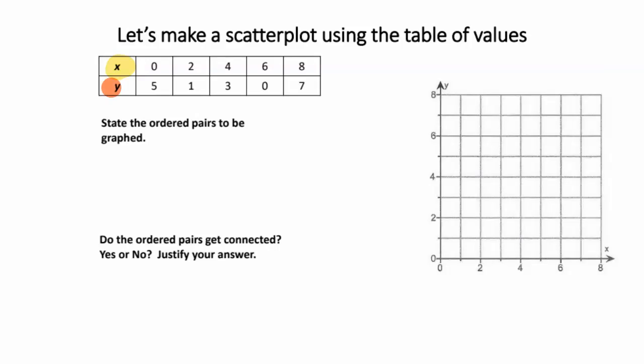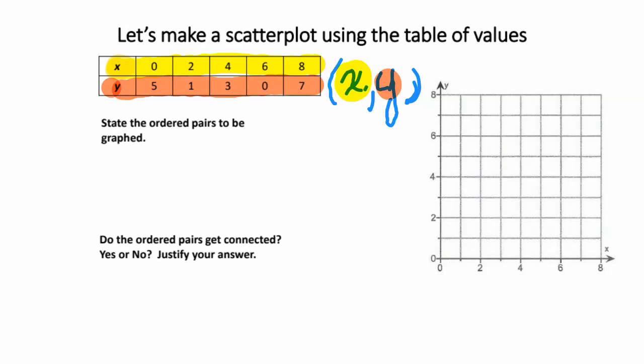And remember, when I write my ordered pairs, my x will go before my y, which means that my yellow value, which is these values, will come first. And then my orange values will come second.